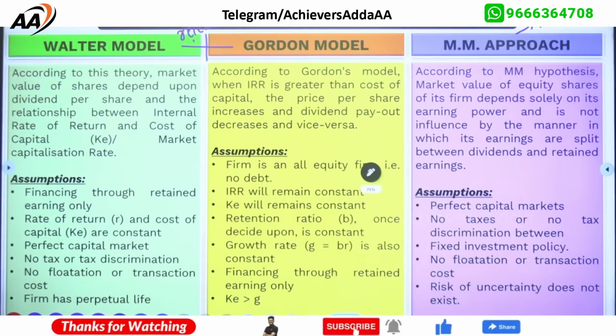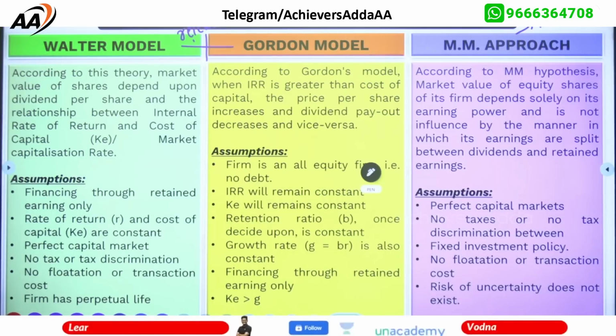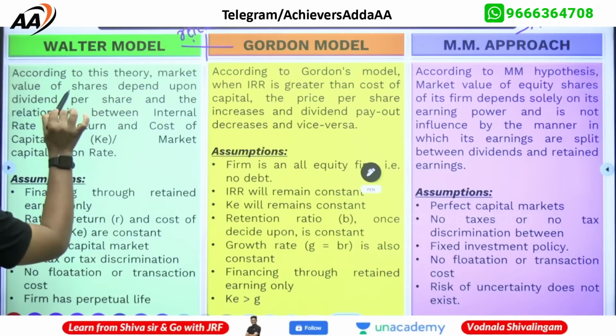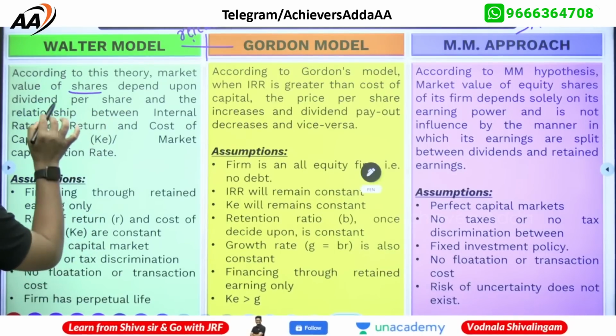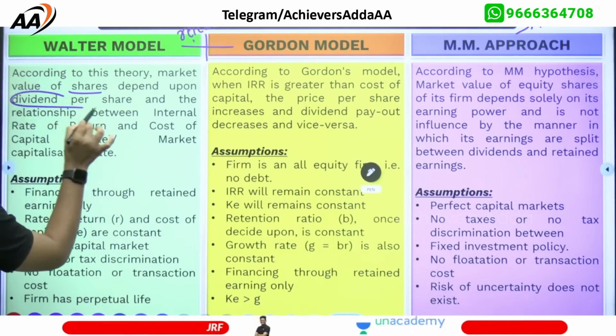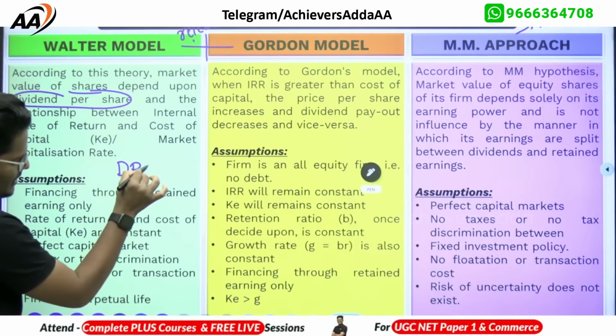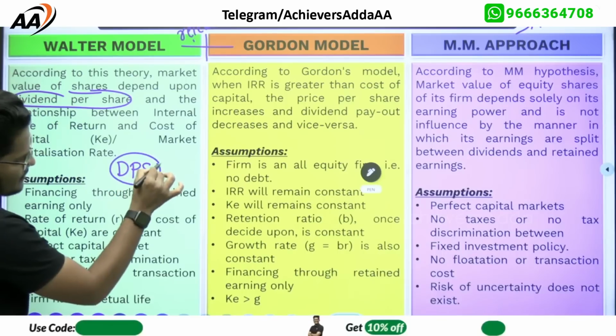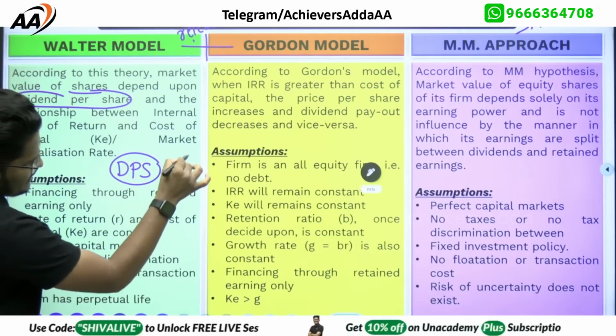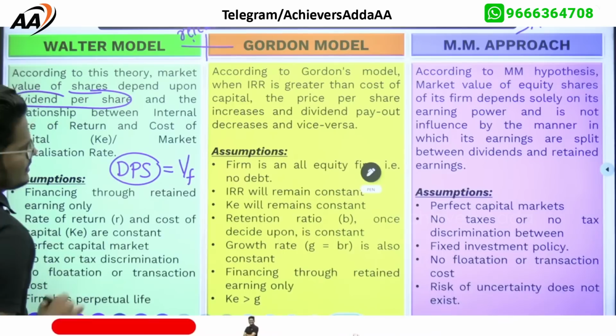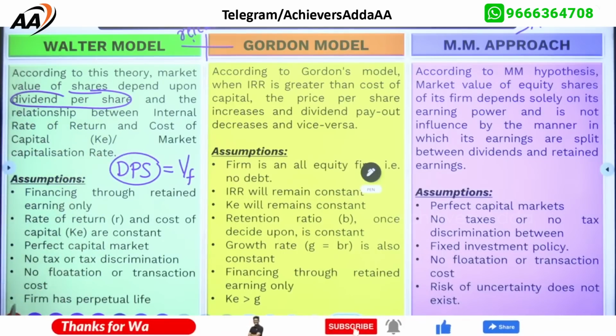That is the irrelevant approach. According to the Walter model, the market value of shares depends upon the dividend per share. It means if the dividend is declared, that is directly going to impact the value of the firm. That is what these 2 theories say.